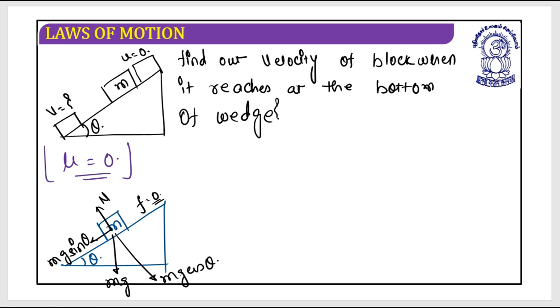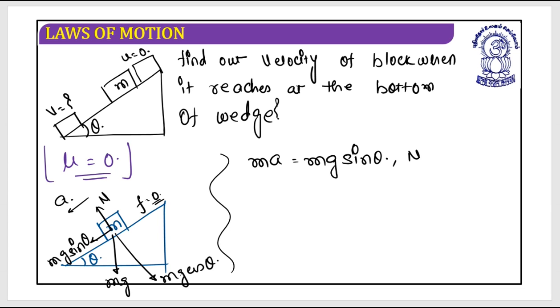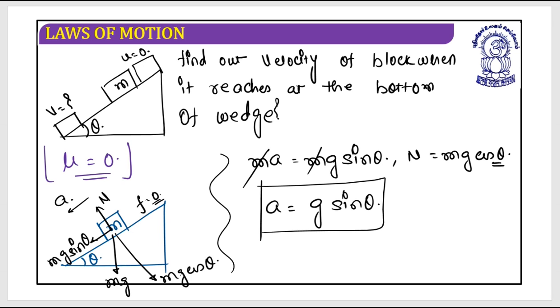If this block is moving in the downward direction, m into a can be written as mg sin theta, because only one force is acting on the block in the direction of motion, and the block has no motion in the perpendicular direction. So N equals mg cos theta, if you require it. So a is equal to g sin theta.